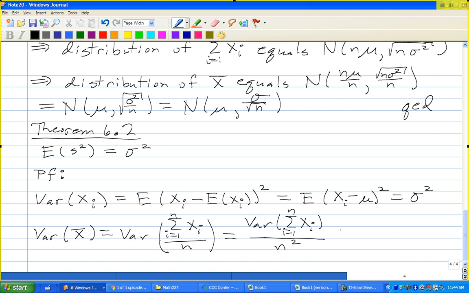And again, this is the same as assuming independence as above.